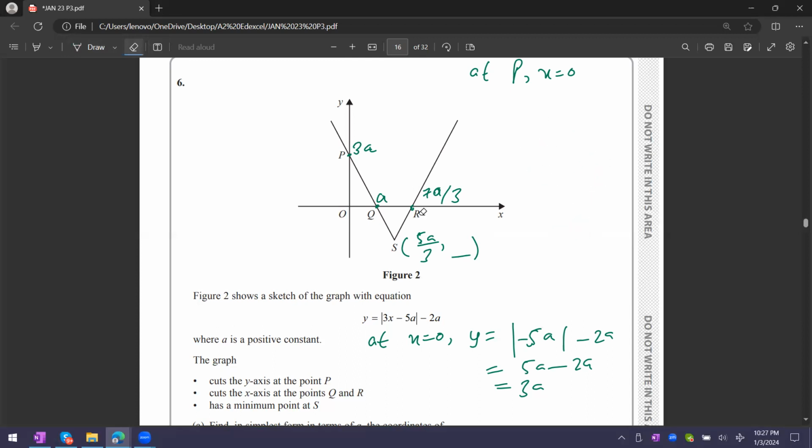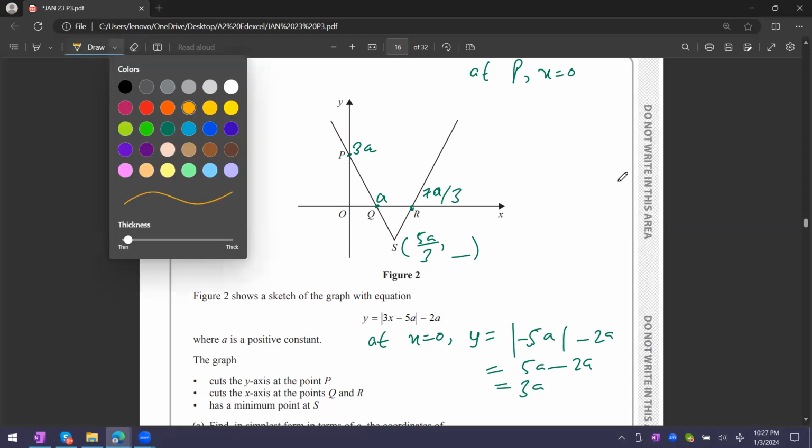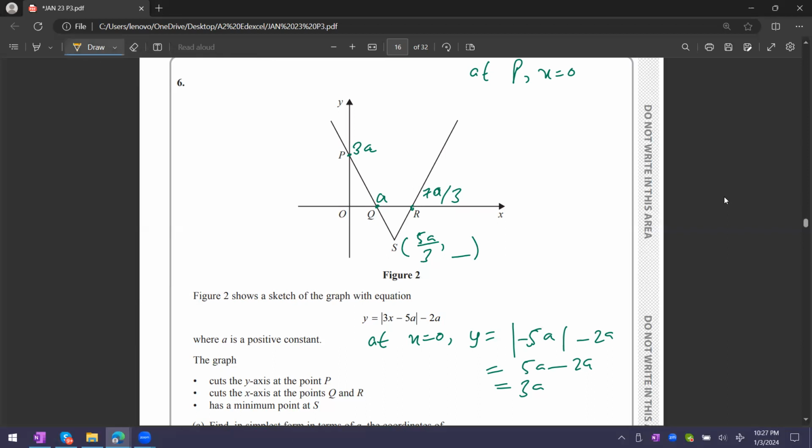For that you need to check how the transformation is going on here. So let's start with this function. We need to go from y is equal to the parent function, which is just root x, right? We need to reach y is equal to 3x minus 5a minus 2a.